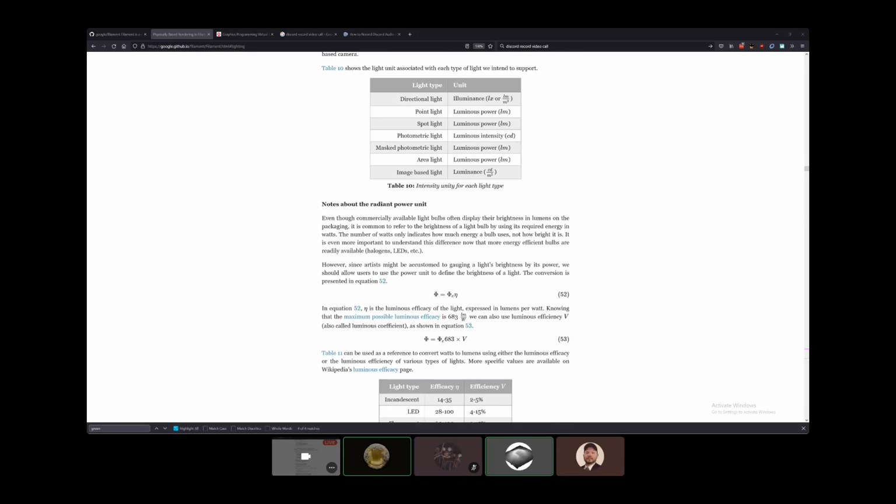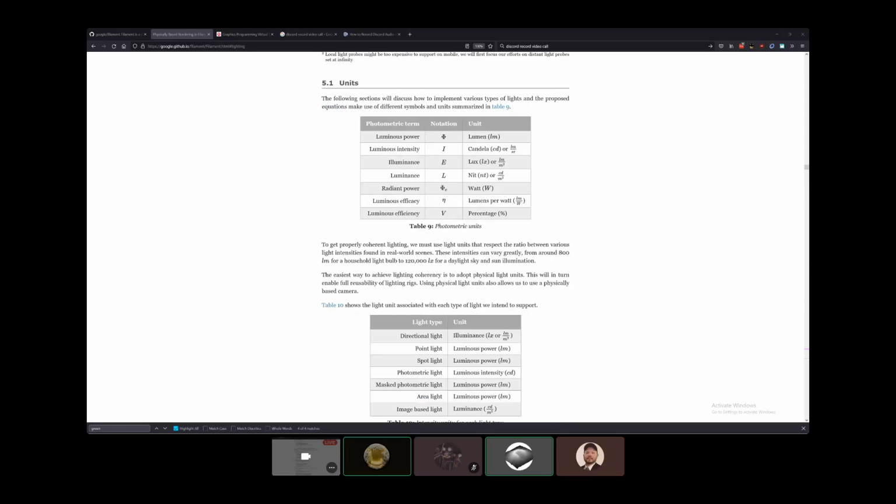So what I can say about this chart is that this is just like half of this stuff. Watt, that is just energy, and then it's how much energy per unit area. LM is luminous power, lumens, and lumens per meter squared, I guess.